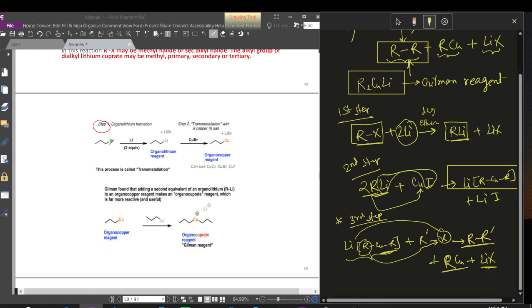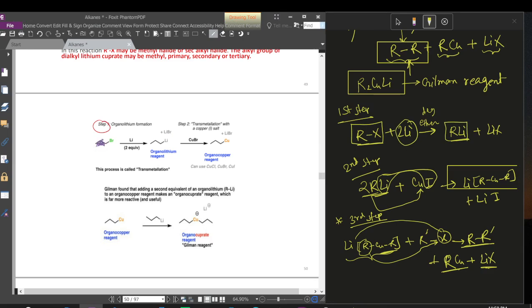This is our alkyl halide in the skeleton formula, where the halide is bromine. If you react it with lithium, this will form the organolithium reagent, or alkyl lithium. So this is the first step of producing organolithium.